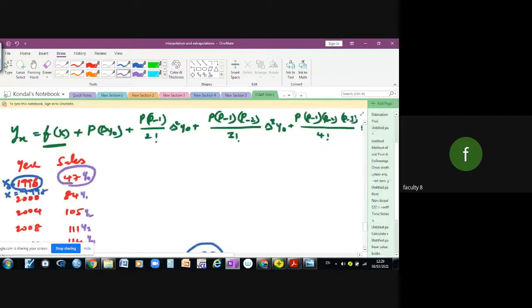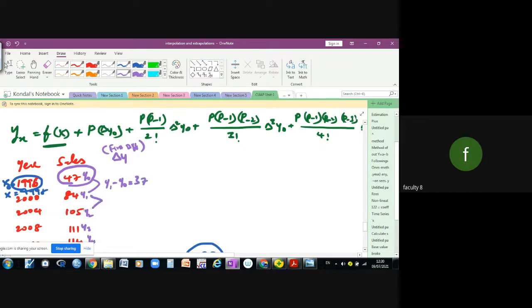Then we need to find out delta y0, nothing but the difference between these values. Delta y, here we need to write the first difference, nothing but y1 minus y0. How much? 84 minus 47, how much? 37, not 47, 37.